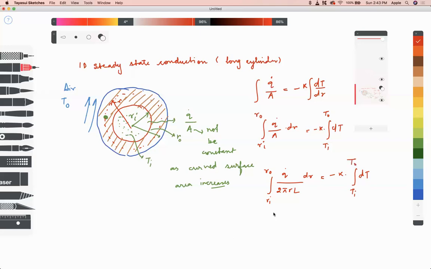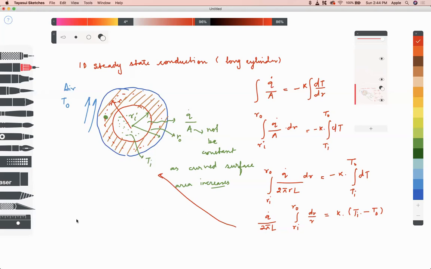Now if you do the integration, since Q dot is the same, it will come out. 2 pi L will also come out. Only thing that will remain is dr by r from Ri to R naught, and here we will get K into Ti minus T naught, I'm directly writing it.